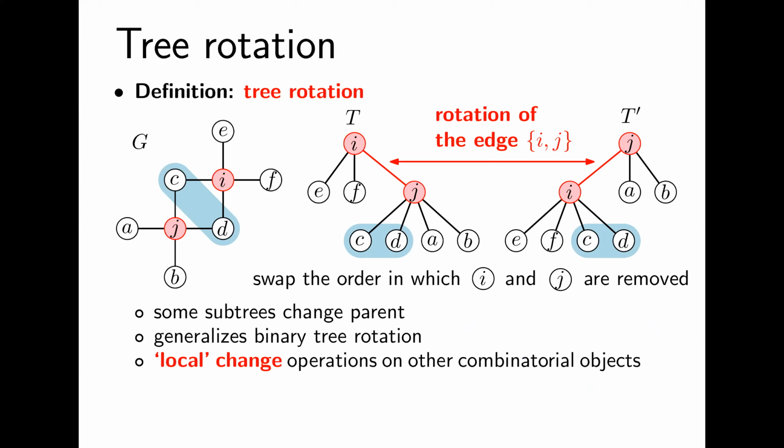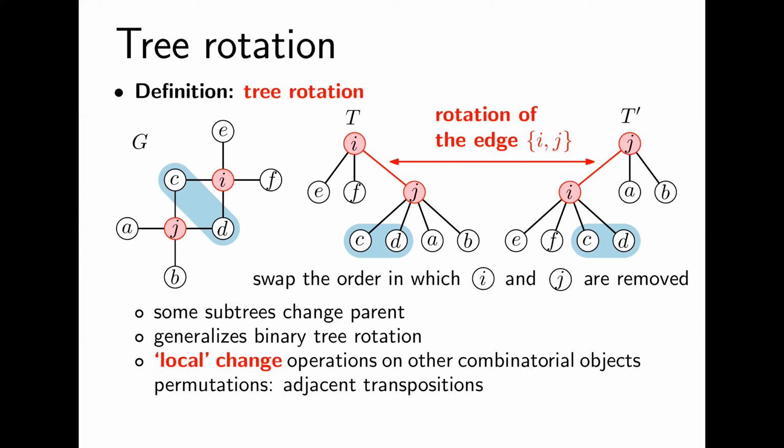And the interesting thing is that this notion of tree rotation corresponds to nice changes on those examples of objects that I mentioned before. So for example, this for permutations. Permutations I got by looking at G, the complete graph. The elimination trees were paths. And a tree rotation now just swaps the order of two nodes on this path, and this corresponds just to an adjacent transposition.